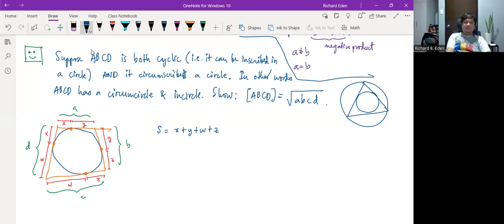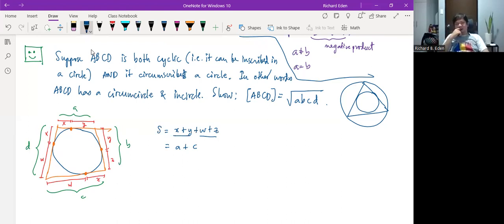A and C, and B and D, they sort of remind me of something. X plus Y and W plus Z are equal to A plus C, right?